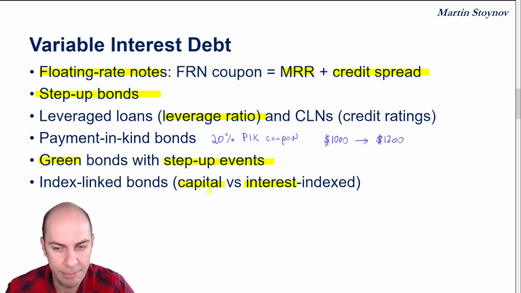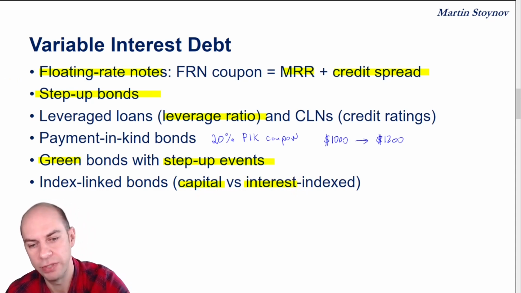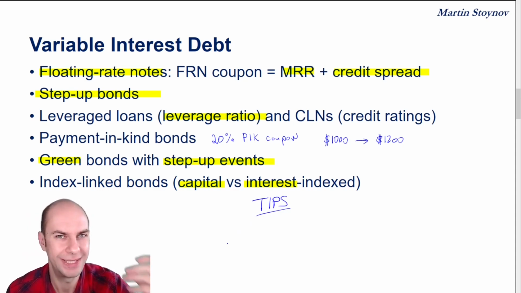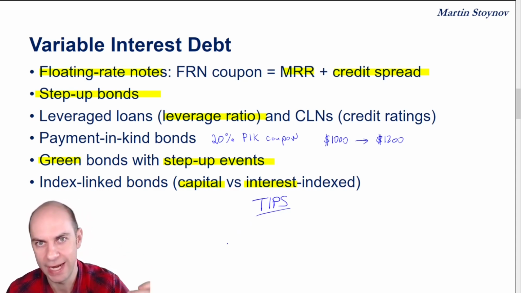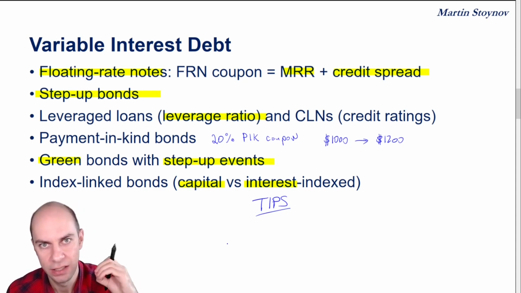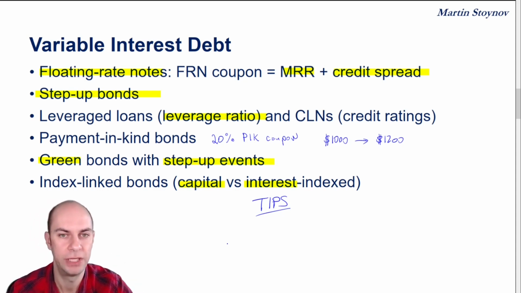So that's the capital index, and the interest index is only adjusting the coupon component. So here, as an example of that, we will be looking at the Treasury Inflation Protection Securities, or the TIPS. So whenever you come across that acronym, TIPS, it's telling you this is a government-issued security that is inflation protected.